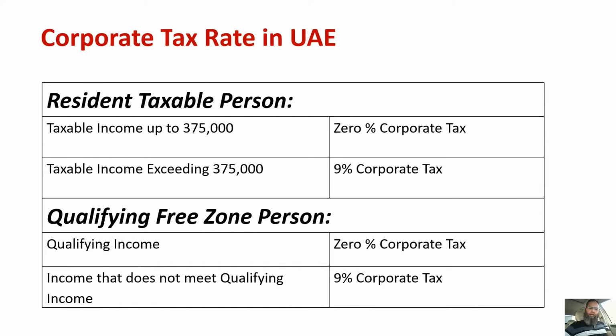Qualifying income actually includes the income derived from transactions with other free zone persons, as well as the domestic and foreign sourced income from any of the qualifying activities specified in Ministerial Decision number 139 of 2023. There are also some activities mentioned as excluded activities. Any income which comes under the excluded activities will not be qualifying income, and it will be chargeable to corporate tax at the rate of 9%.